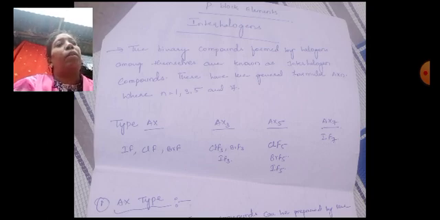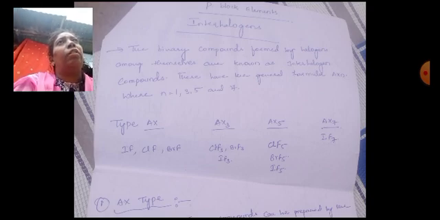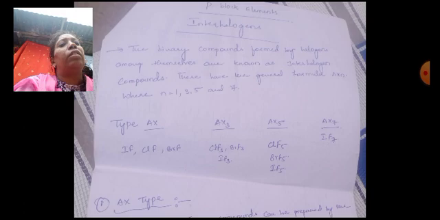Binary compounds formed by halogens among themselves. I already said that: one halogen, other halogen. Two is nothing but binary. Binary compounds of halogens are known as interhalogens.